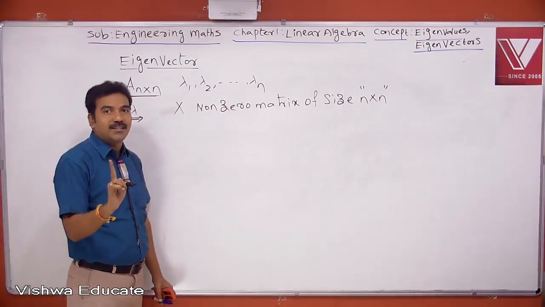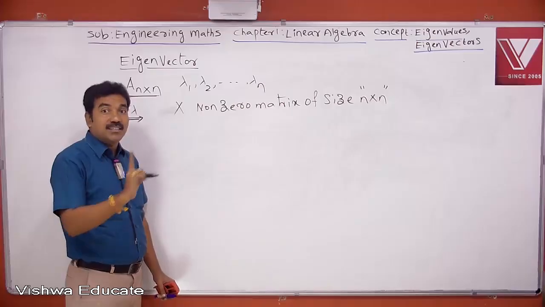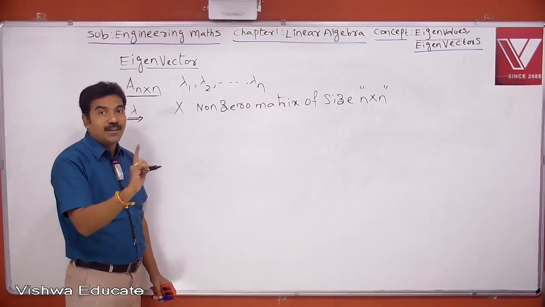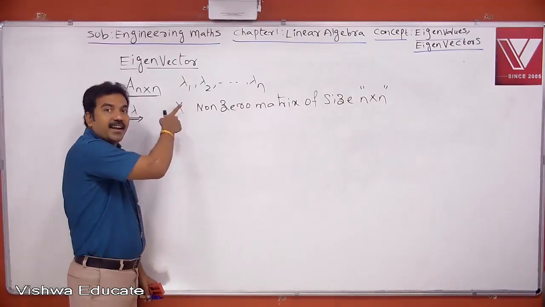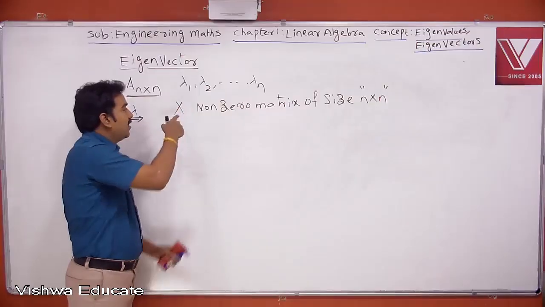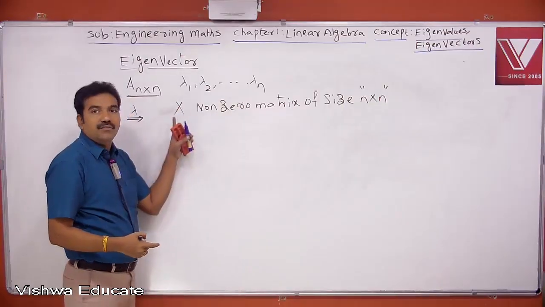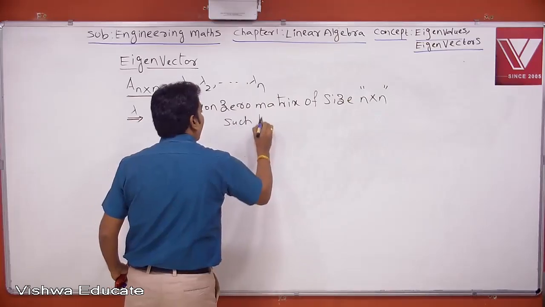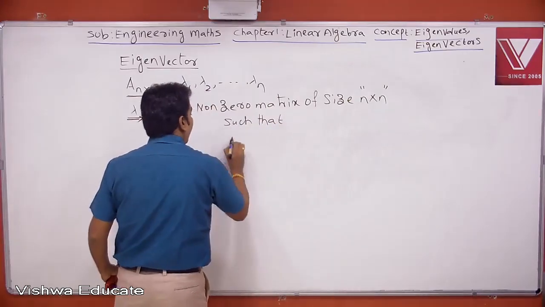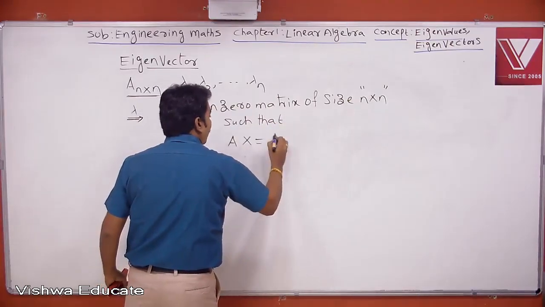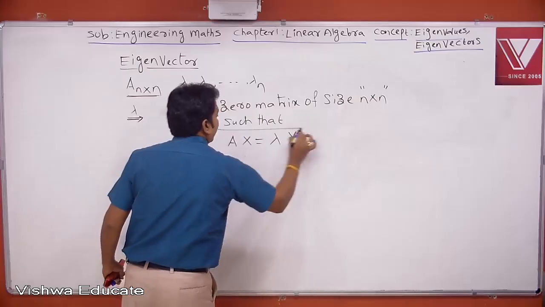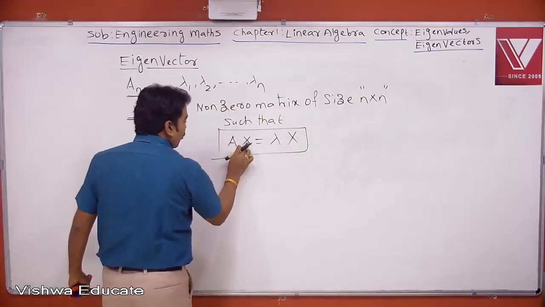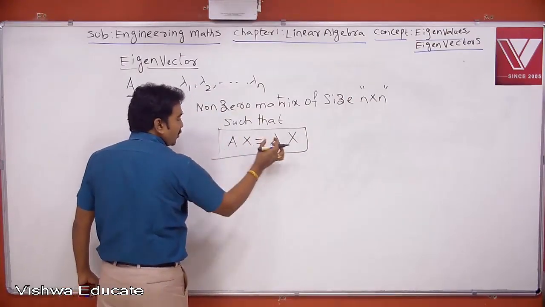So if there is a non-zero matrix X such that A into X equal to lambda into X, then this X is called an eigenvector of this matrix with respect to this eigenvalue.